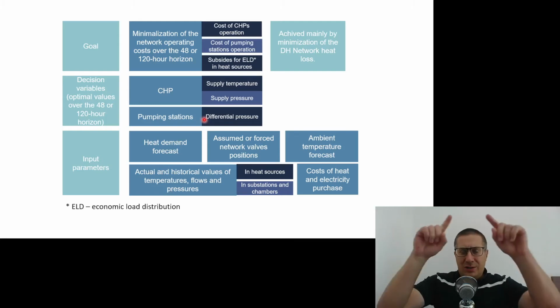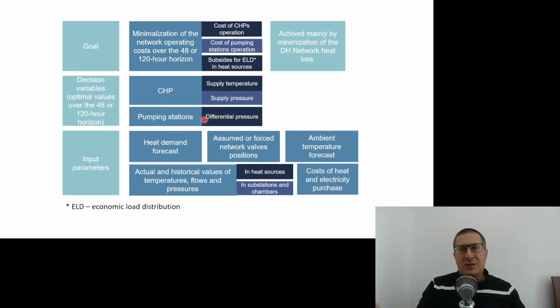There is a big screen in the central dispatch center where the dispatchers can see the whole network and can decide how to use the pumping stations and what should be sent to the CHP plants, what kind of temperatures for the next day, today and the next day, what kind of supply pressures should be sent to the plant.